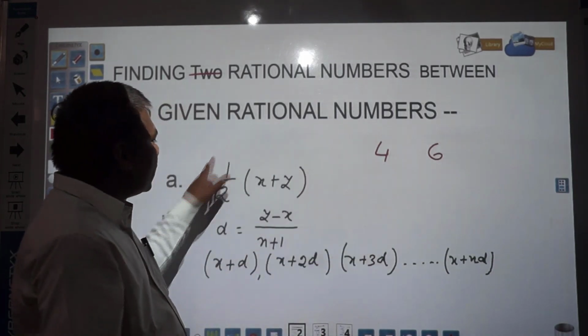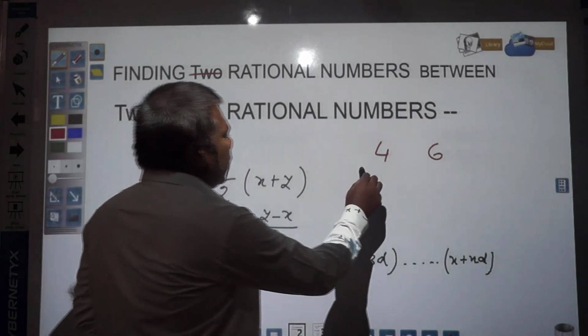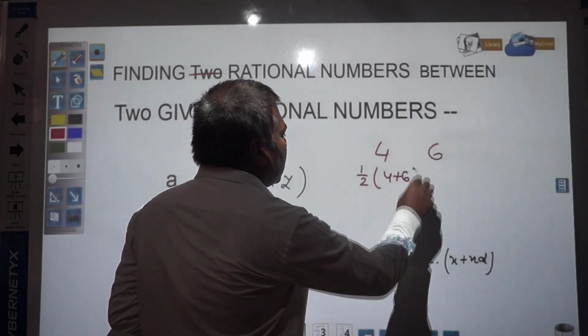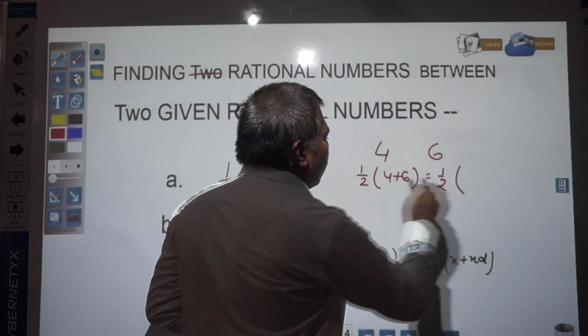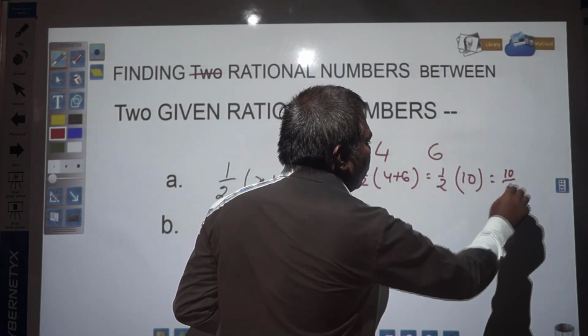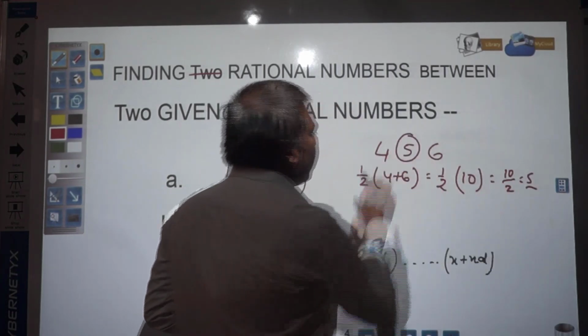If you apply the first formula, one by two, 4 plus 6, is one by two of 10, which is 10 by 2, that means 5. So your number will be 5.